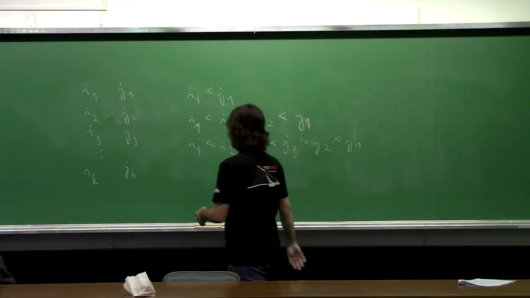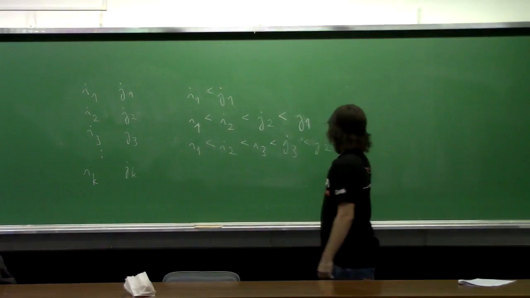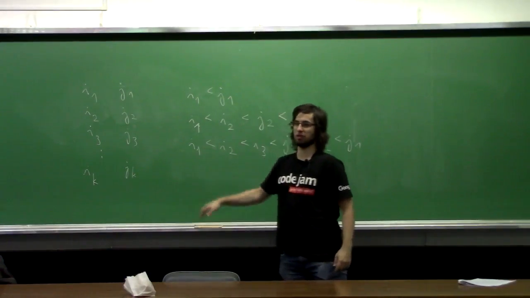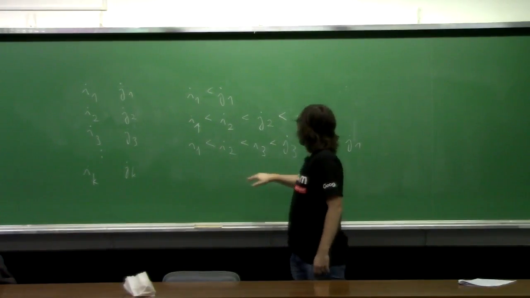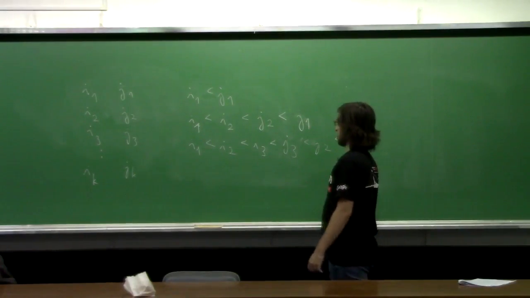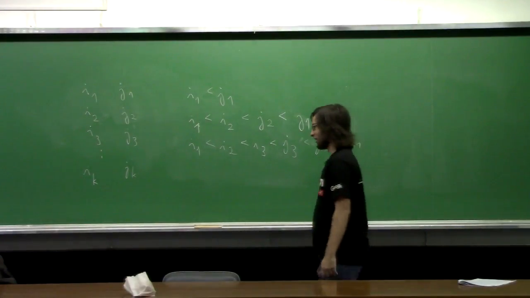For the duck with this index and this index, they need to have the same species. So A_I1 is the same as A_J1, A_I2 is the same as A_J2, etc. And this is basically the definition of a palindrome.